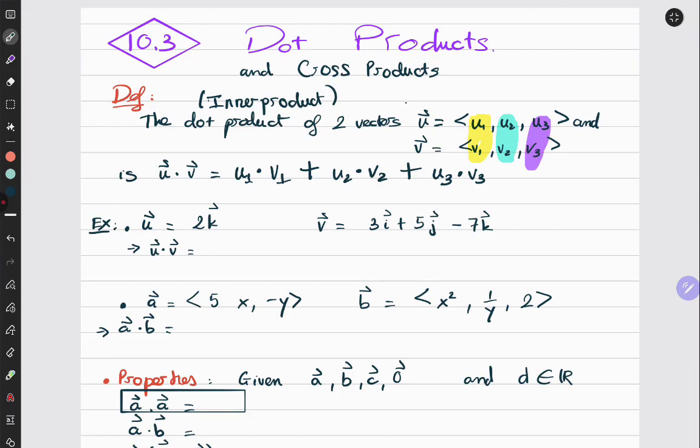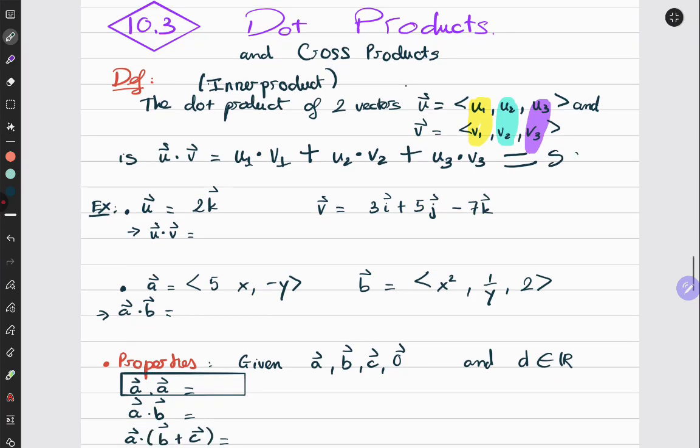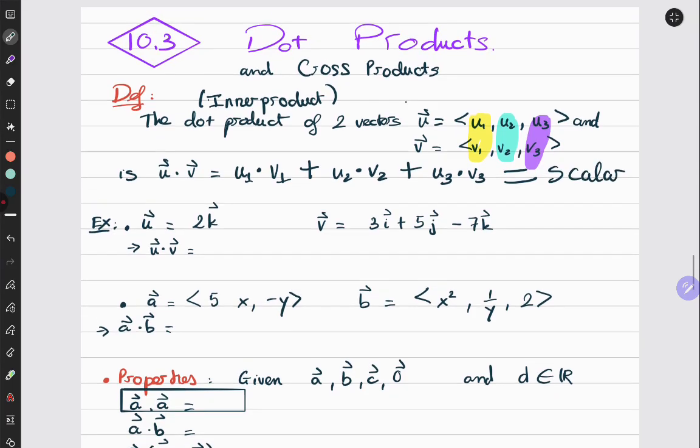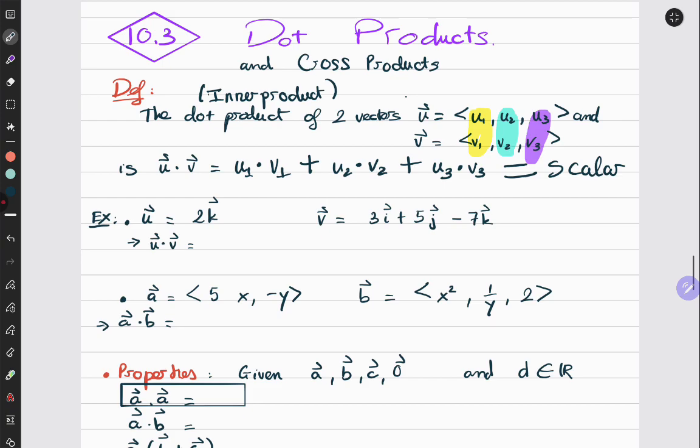After doing all of that operation, one more time, this question again. Vector or scalar? Scalar. So a dot product returns a number. Imagine this is 1, 2, 3, 4, 5, 6. You multiply them, you add them up, you're going to return a number.